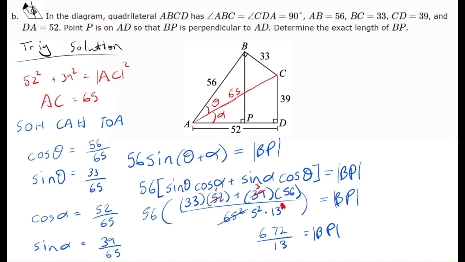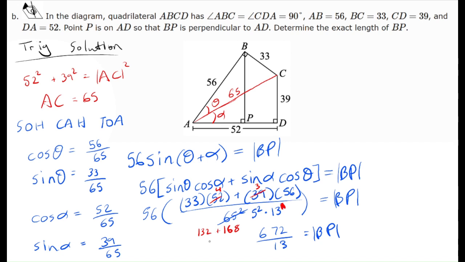This becomes a 4 because it's also divisible by 13. And yeah, arithmetic does become easier though, because we get 33 times 4 is 132, and 3 times 56 is 168.